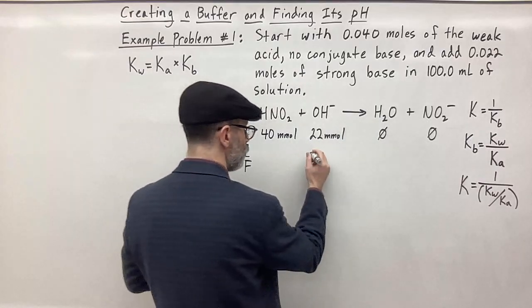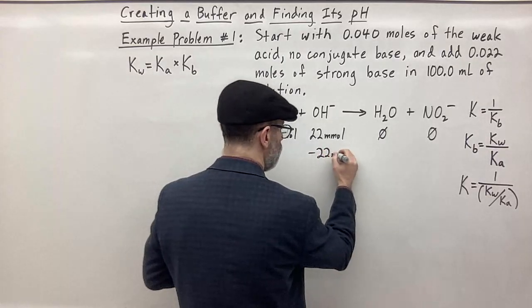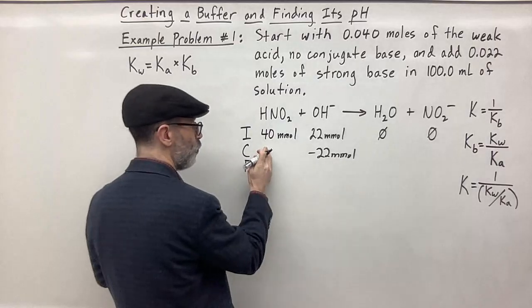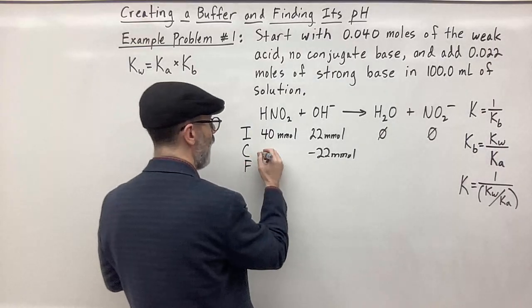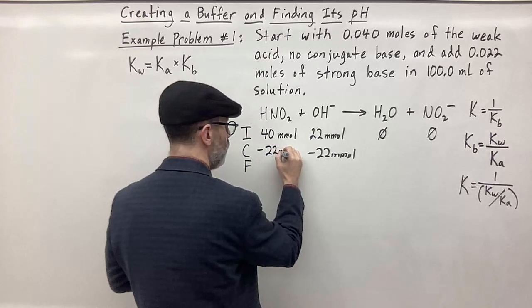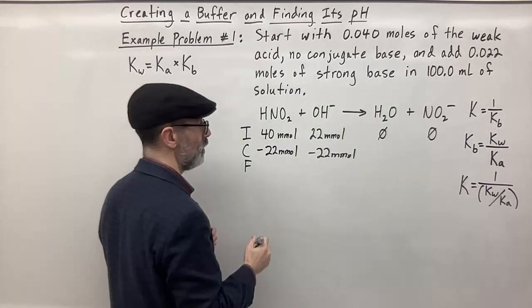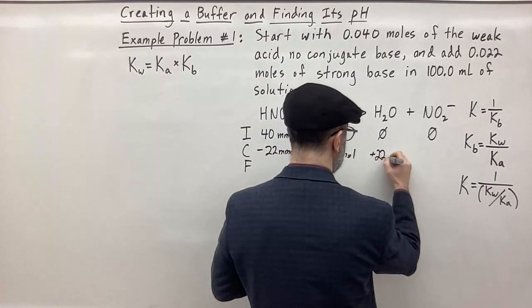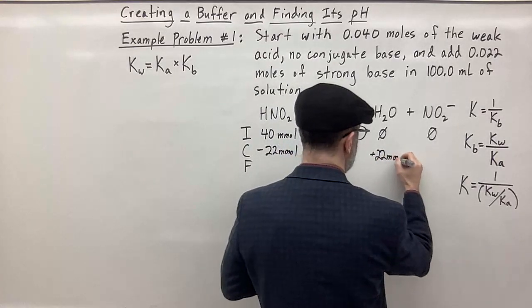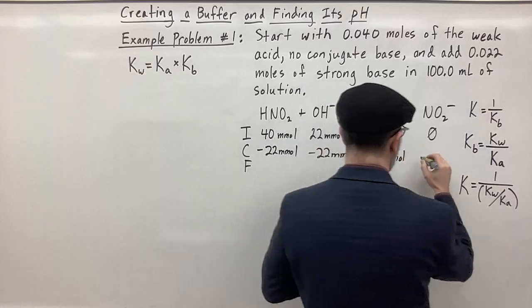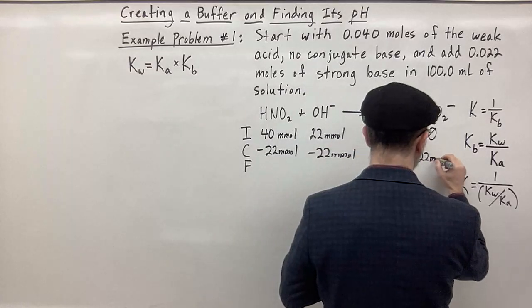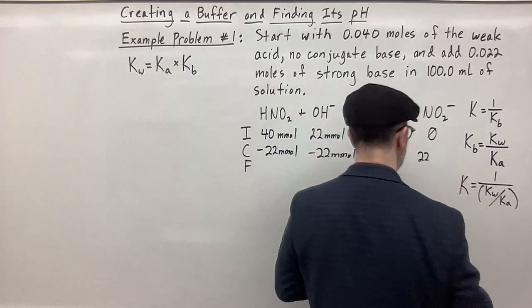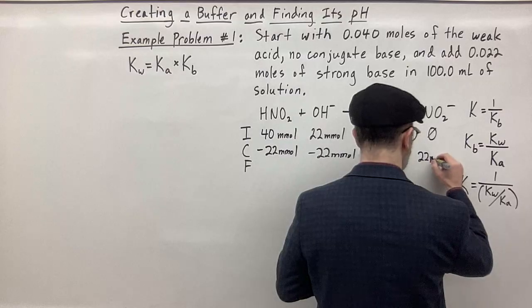So we're going to lose 22 millimoles of the strong base, and therefore it's going to react with 22 millimoles of the acid, so we're going to lose 22 millimoles of the weak acid, and that means we're going to create 22 millimoles of the water, and then we're going to create 22 millimoles of the conjugate base.